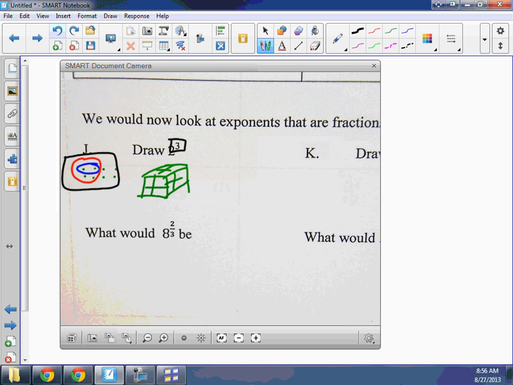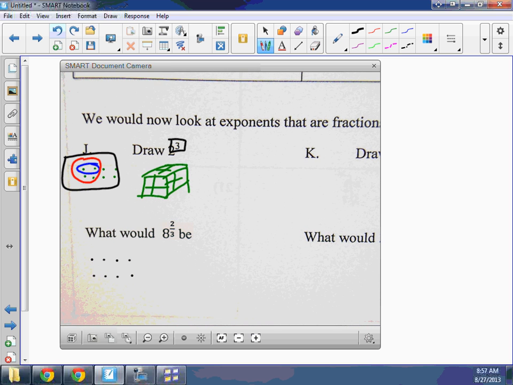What would it mean to take 8 to the 2/3? So if I look at my picture of 8, and I want 2/3 of 8, what is 2/3 of 8?